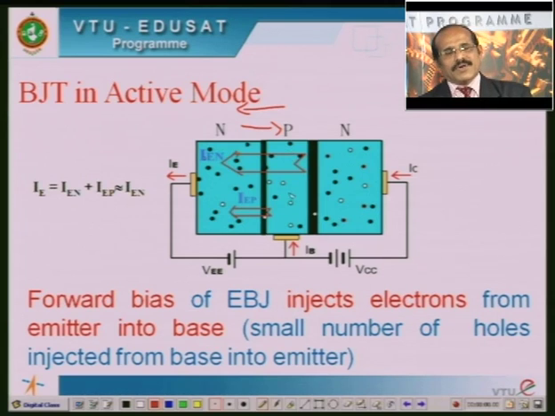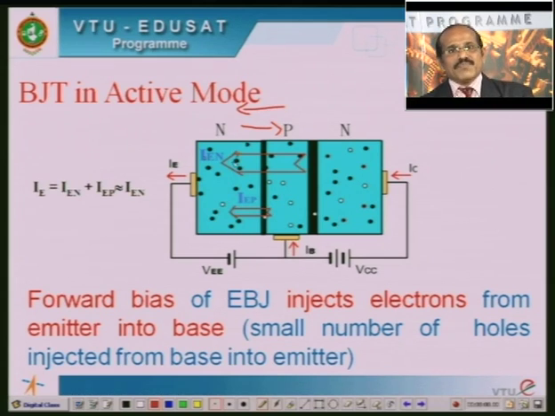However, since the electrons are the majority charge carriers in N region, the current contributed by the electrons will be more. That is why it is indicated by a big arrow compared to the current contributed by the holes. So therefore, hole current is small, and it is indicated by a small arrow here.